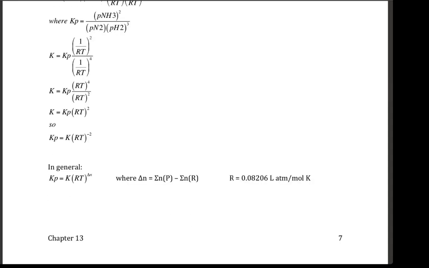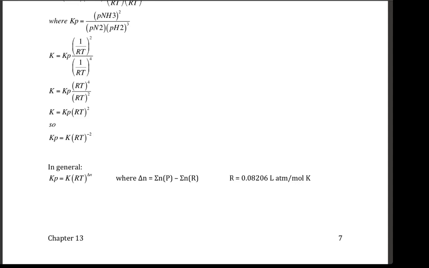So in general, we have the relationship that compares K and Kp, where Kp equals K times RT to the delta N, where delta N is the sum of the moles of the products minus the sum of the moles of the reactants.